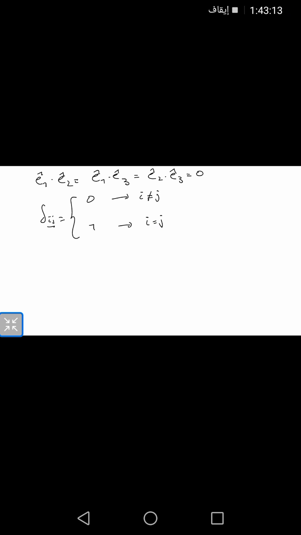These two indices vary from 1 to 3. And this Kronecker delta symbol comes from the scalar product between these basis vectors. So the Kronecker delta is just this mathematical operation that we have here.